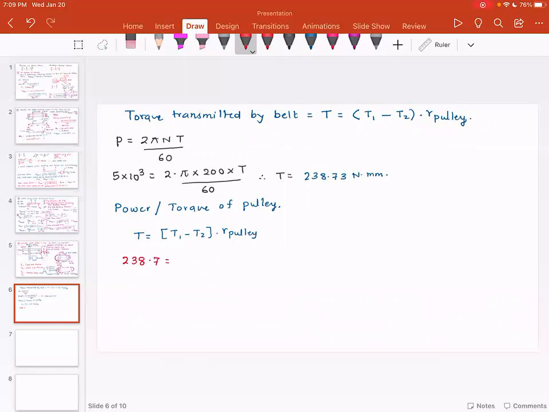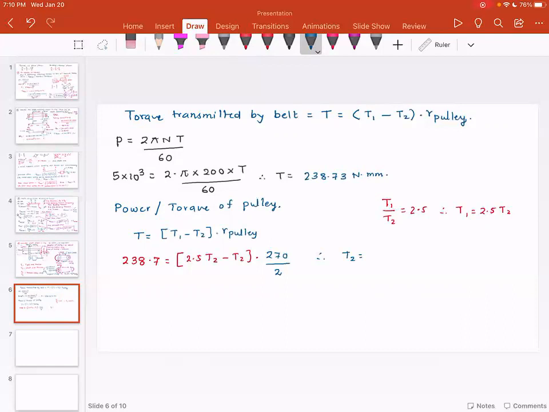T1 by T2 is equal to 2.5, so T1 is equal to 2.5 times T2. So 2.5 times T2 minus T2, multiplied by R pulley. Please note the diameter of the pulley is given to us, so the radius of the pulley is diameter divided by 2. From this equation, I should be able to find the value of T2.